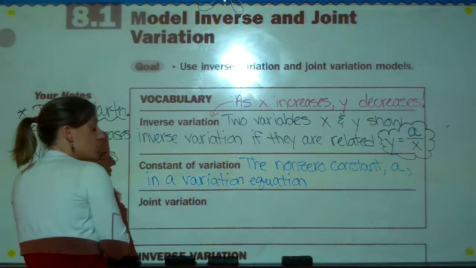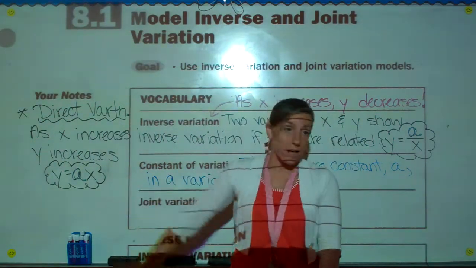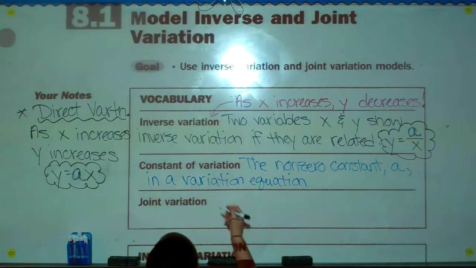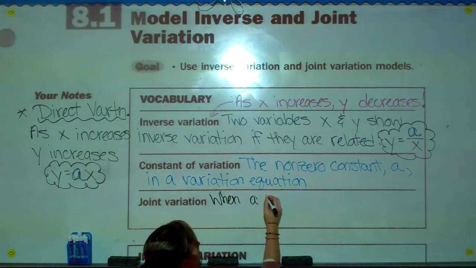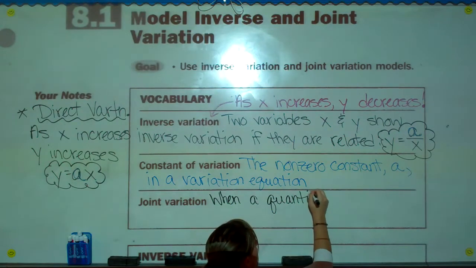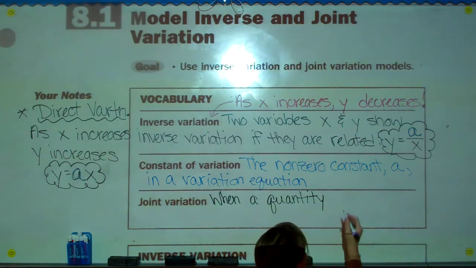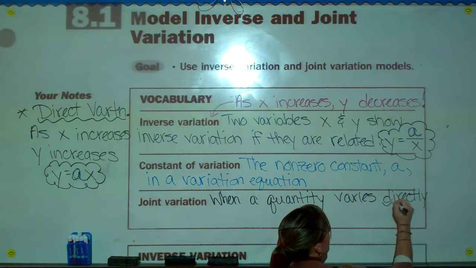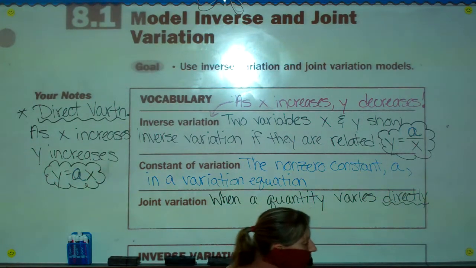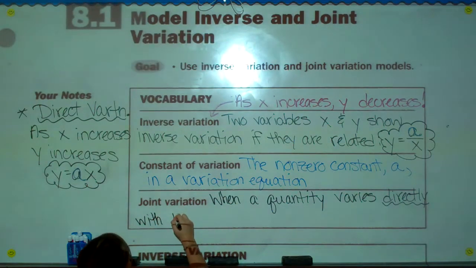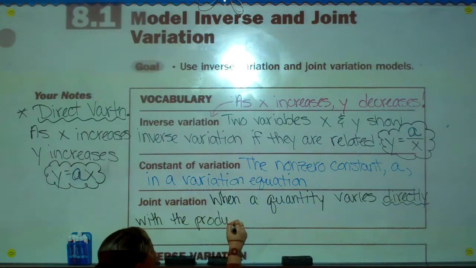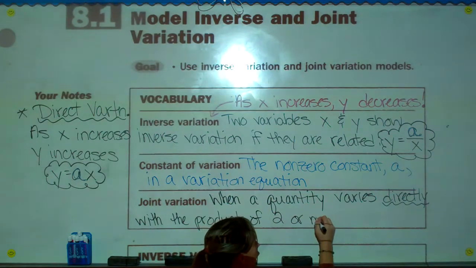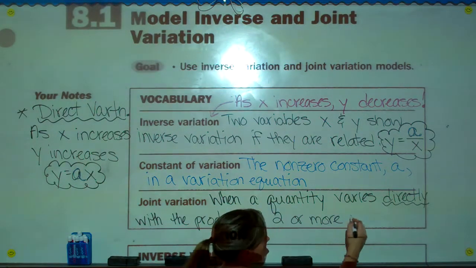And then joint variation just builds on top of direct. The joint variation definition is when a quantity varies directly, so it does relate to direct variation, with the product of 2 or more quantities.